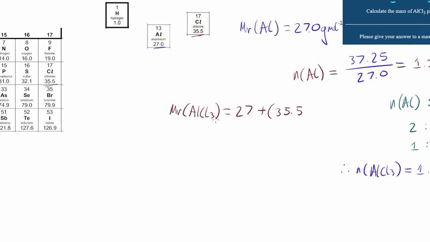Here it's Cl₃, so it goes 3 times, so I multiply that by 3, and that gives us the Mr. If we work that out, you should find you get 133.5 grams per mole.